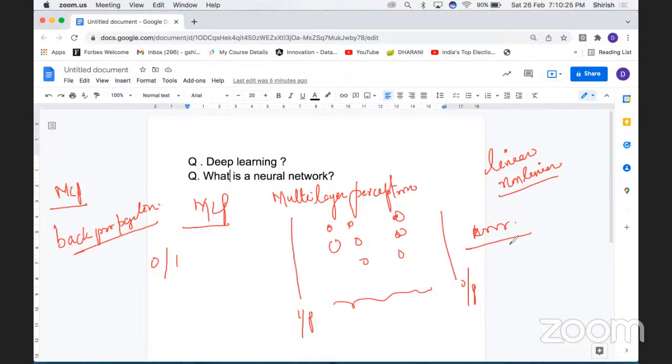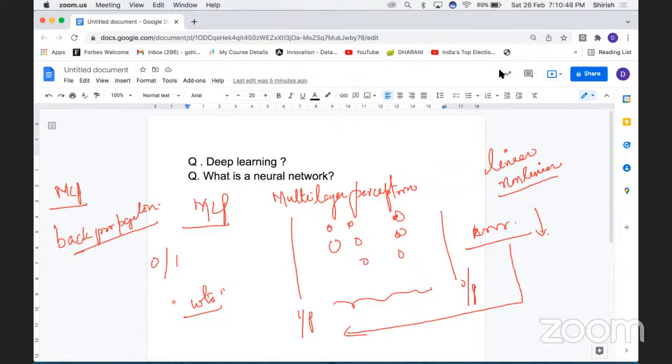With this error, it will go back and make changes to the weights. It will adjust the weights in such a way that it tries to decrease your error.